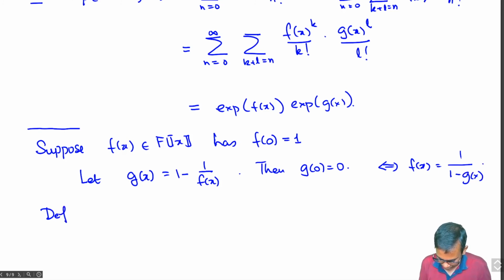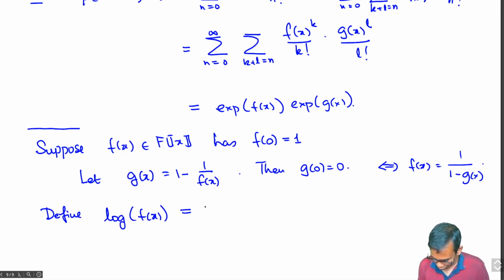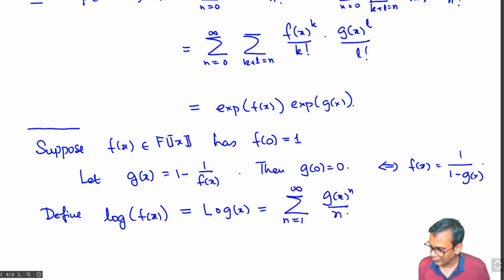So define log of f(x) to be, inspired by our earlier thing, just L composed with g(x), which by definition is the sum as n goes from 1 to infinity of g(x) to the power n by n. This makes perfect sense. This is a convergent sum.